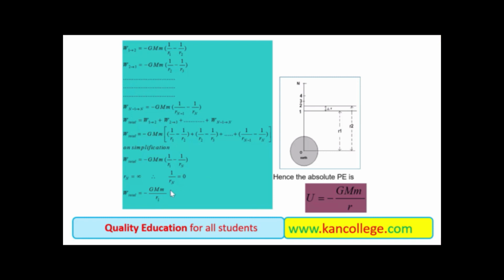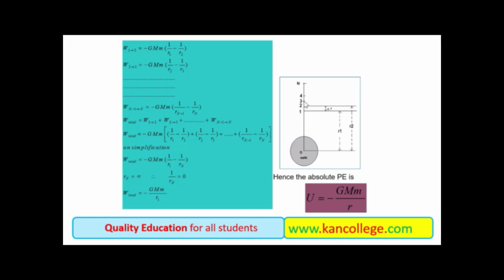You see that in moving from first point to end point, the work done is dependent upon the distance from the center of Earth of the first point. If we want to calculate the absolute potential at the second point, then R1 will be changed to R2.